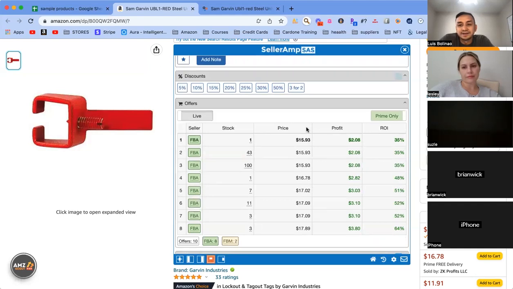So yes, I'm making less, but my money's revolving quicker. That's a personal choice though. It's really up to you how you want to run your business. That's just me.